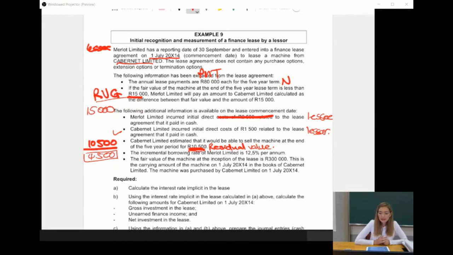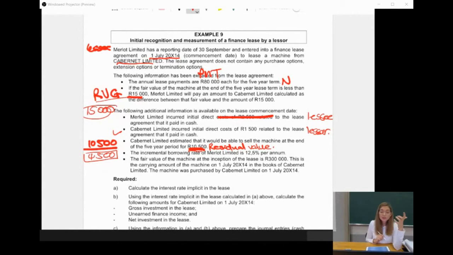Yeah, so a combination between Mr. Armstrong and Ms. Peters's answers there. So it will be the amount payable by the lessee in terms of the residual value guarantee. So Ms. Peters, the 4,500 is not the residual value for the lessee. It's the amount payable by the lessee because of the fact that there's a residual value guarantee of 15,000.